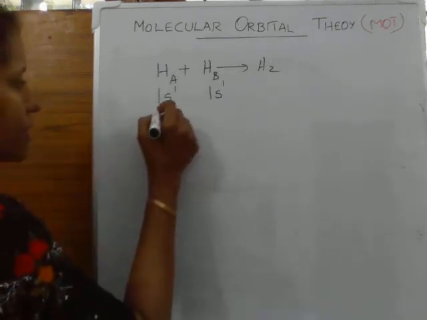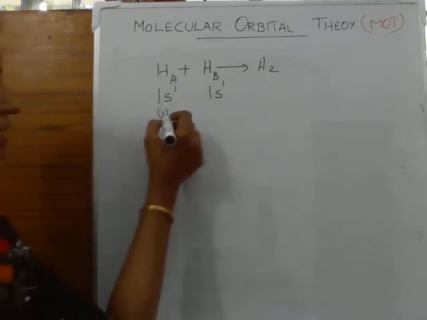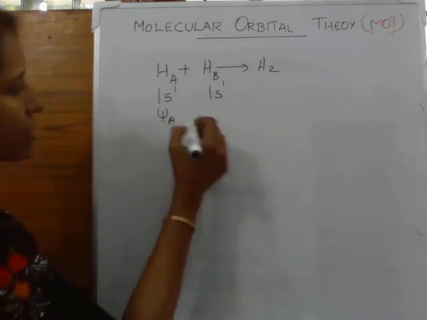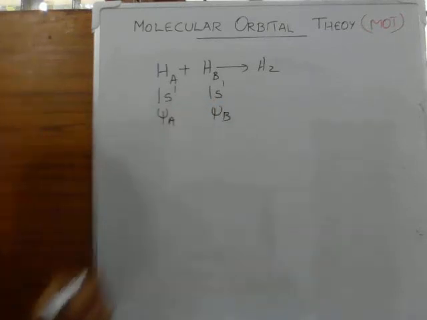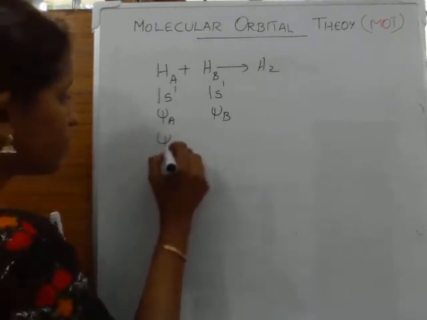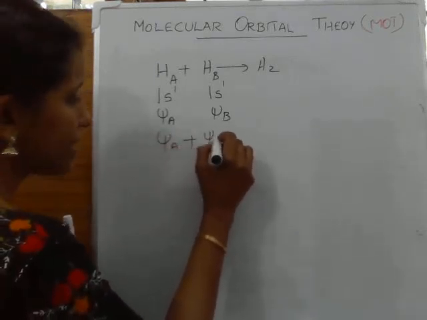Let these 1s electrons be represented by wave functions psi A and psi B. The combination of these 1s atomic orbitals can be mathematically expressed as the addition and subtraction of wave functions.